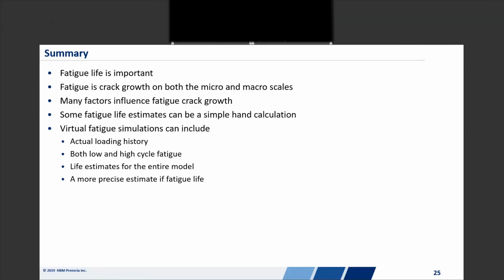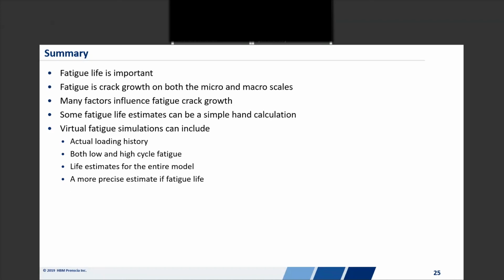Using the information that we can get from physical tests, we can go off and calculate fatigue life estimates, and some of them can be done as simply as a hand calc. If I have a simple loading on a part in the high cycle regime, it's nothing more than looking at the fatigue curve and going off and doing a single calculation.